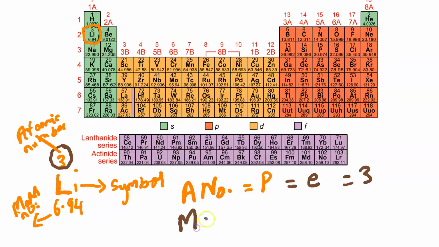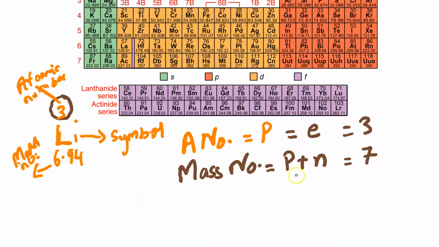Mass number means the number of protons plus neutrons. That is given as 6.94, let's round it as 7. Does that make sense? So together, it is 7. So we can find the number of neutrons. So let's write P plus N equals 7. We know that P is 3, right?